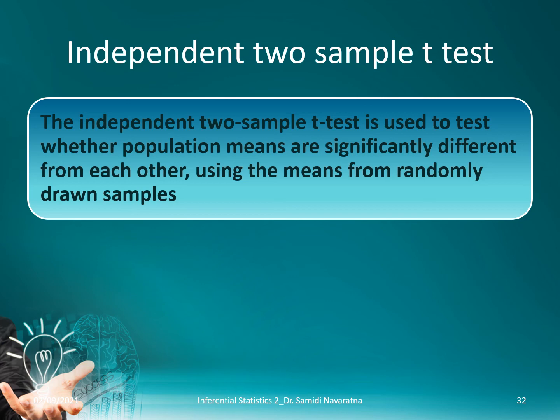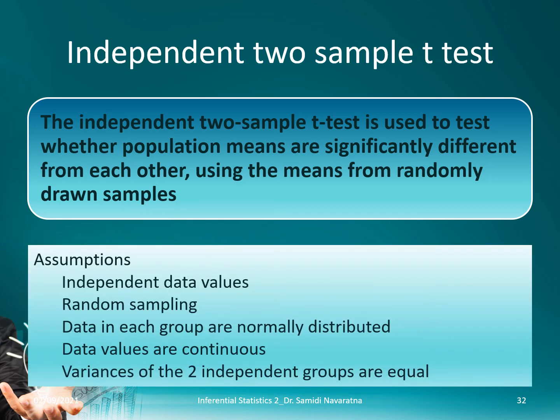So we make certain assumptions. It's assumed that the values are independent of each other and random sampling has been used and data in each group are normally distributed. Data values are continuous and the variances of the two independent groups are equal.